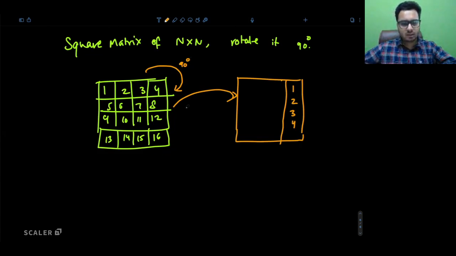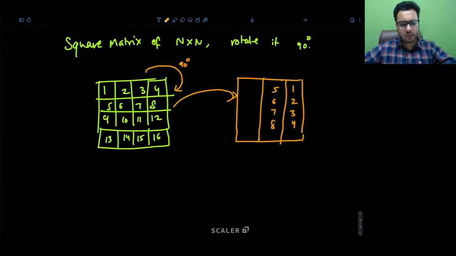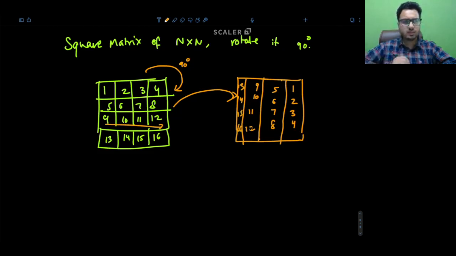The second row, 5, 6, 7, 8, will be like this. Then the next row would be 9, 10, 11, 12. And then this one, 13, 14, 15, and 16. So this is how it is going to look.